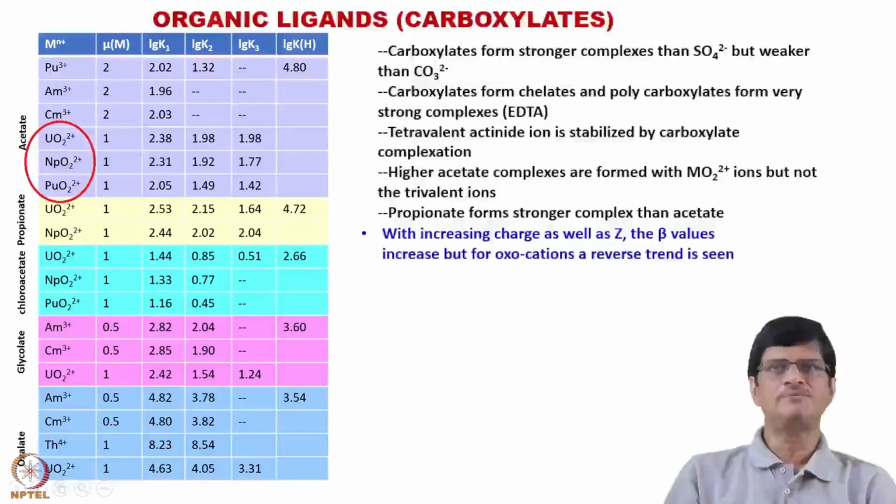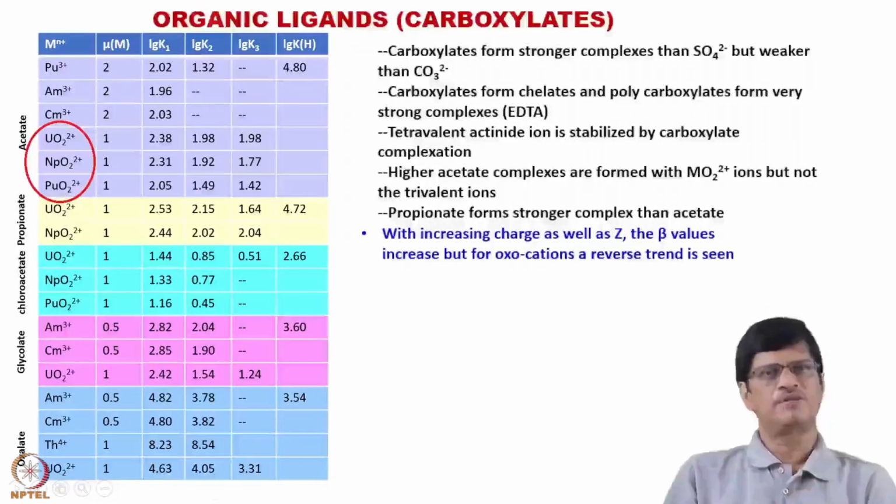Coming to the propionate, compared to the acetate, it gives slightly higher complex formation constants. Propionate only has values for the uranyl and neptunyl ions. You can see that for 1 molar ionic strength, the complex formation constants are higher. That is, for uranyl, it was 2.38 at 1 molar ionic strength, and it has increased to 2.53 for propionate.